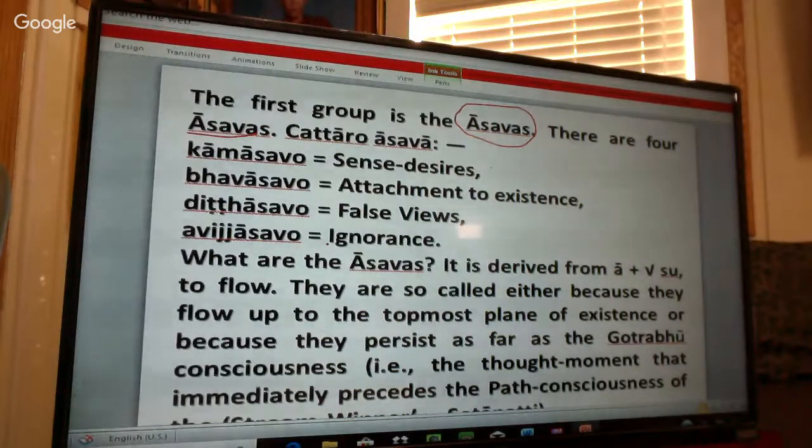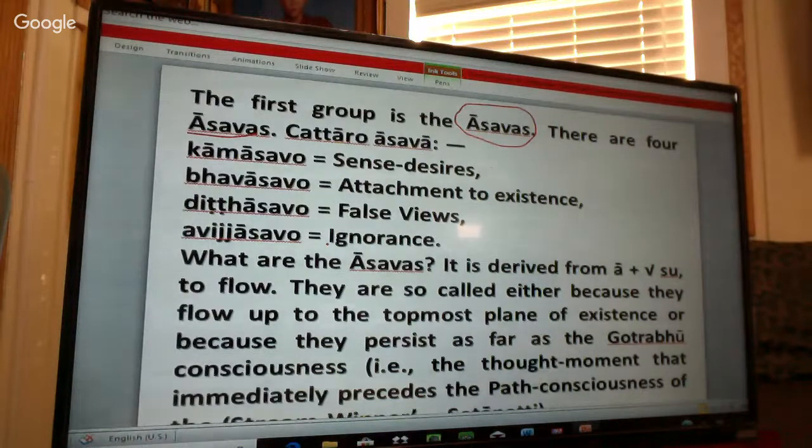And then number two is Bhavasava. Bhava plus asava, we say Bhavasava. Bhava means existence. We already discussed in the Vithimutta Sangaha how many existences: 31 kinds of existence in the universe, isn't it? So attachment to existence we call Bhavasava.